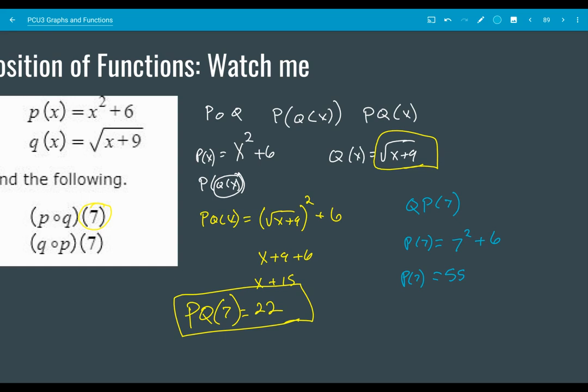So instead of Q of x, we have Q of 55. 55 plus 9, which is 64.